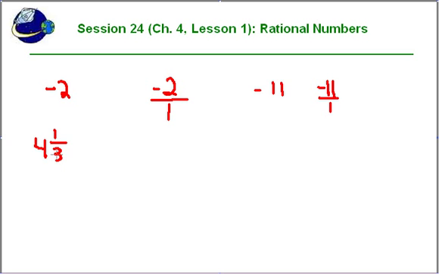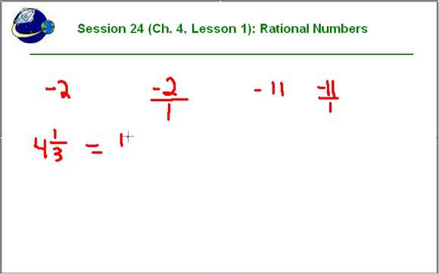Question: is the mixed number 4 1/3 a rational number? Can it be written as the quotient of two different integers? Well, if you remember how to change a mixed number into a fraction, you take the denominator of the fraction, 3, and multiply it by your integer over here, 4. 3 times 4 is 12, and then you add your numerator to it. 12 plus 1 is 13.